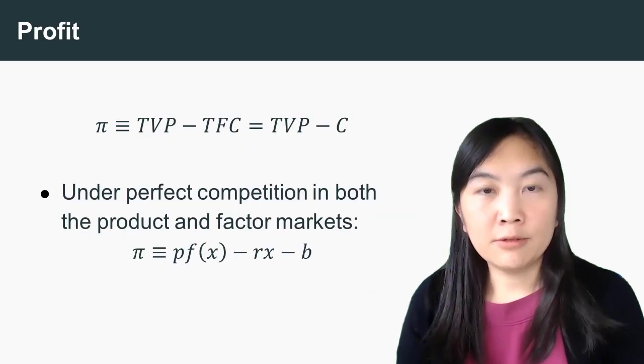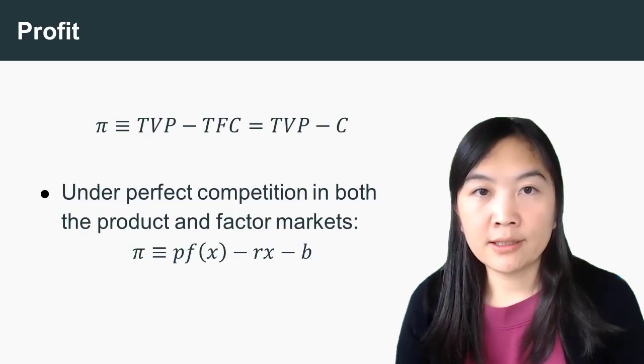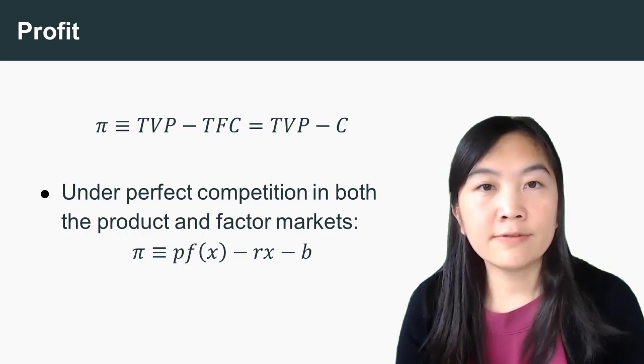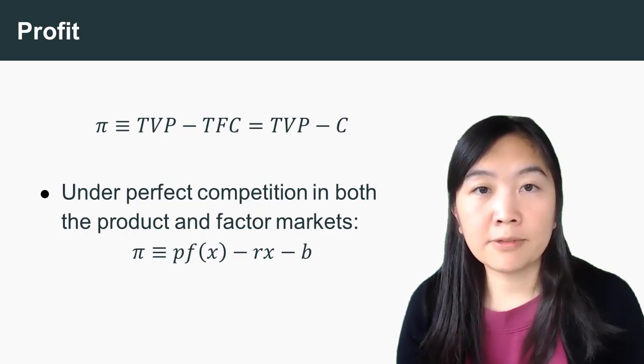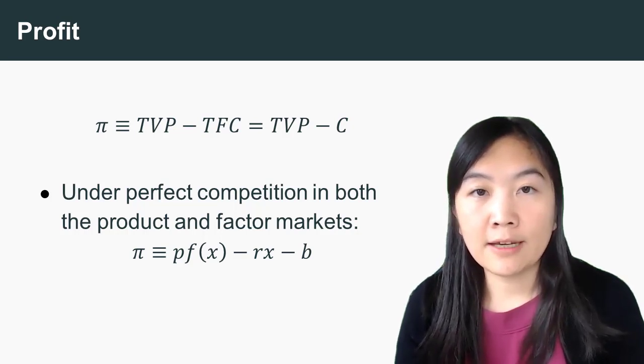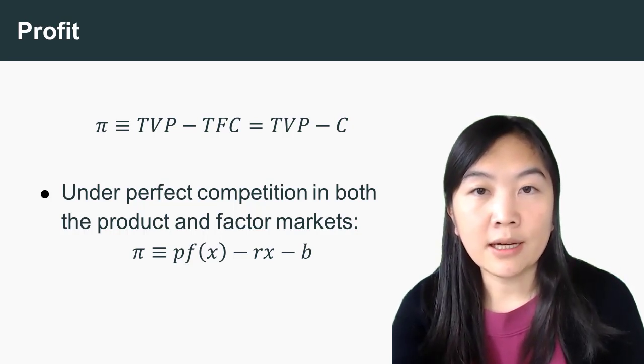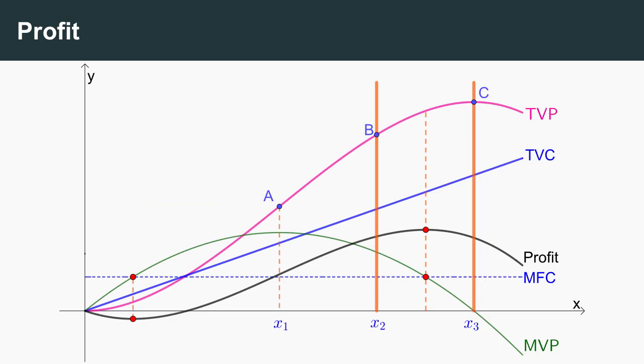Just to give you a recap, we already showed this in last lecture, but profit here, pi, is defined as the difference between total value of product and total factor cost. So both TVP and TFC are functions of X, which is input. And I showed you guys that profit here is just the difference between the pink curve, which is the TVP curve, and the blue line, which is the TVC curve, because this is a short run case.